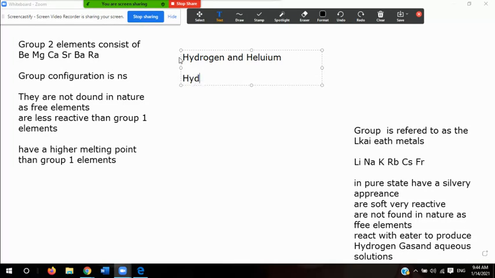Hydrogen has an ns1 configuration, but does not share the same properties as the elements in group 1.